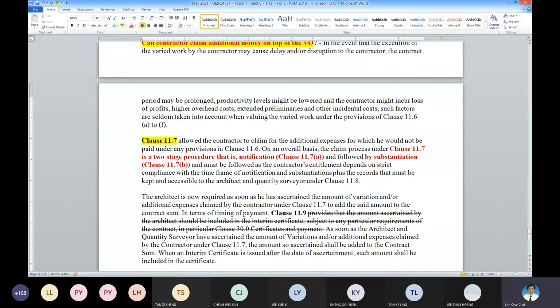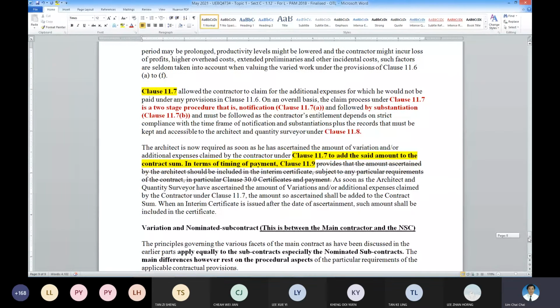So this is important for the contractor to get money to be paid. And all the records need to follow the contemporaneous records and supporting documents to be provided. When all of them are evaluated already, it will be reflected in the interim certificate under clause 11.9.